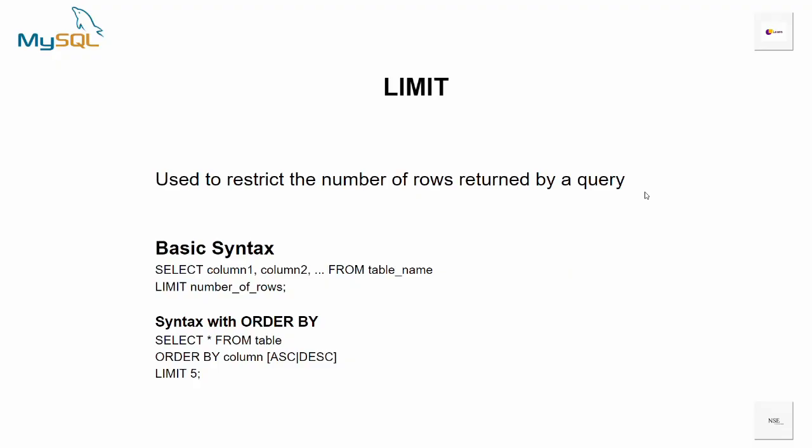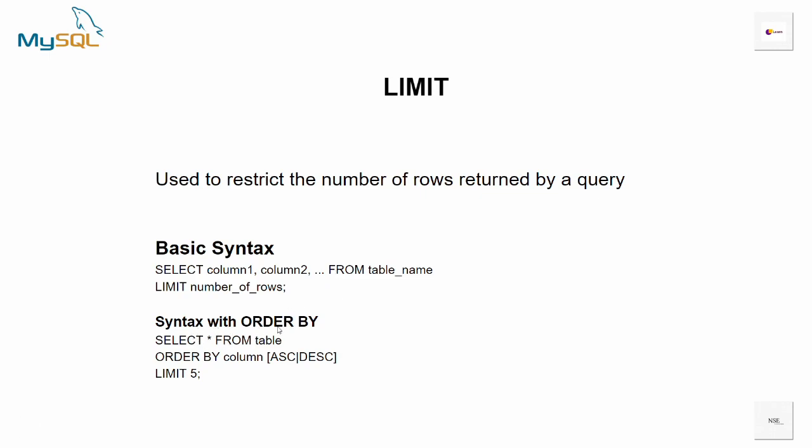But the limit clause is often used in combination with the order by clause to control the order in which rows are returned before limiting the result. So this means that order by happens first, and then the result of the order by is returned based on the limit that you set.